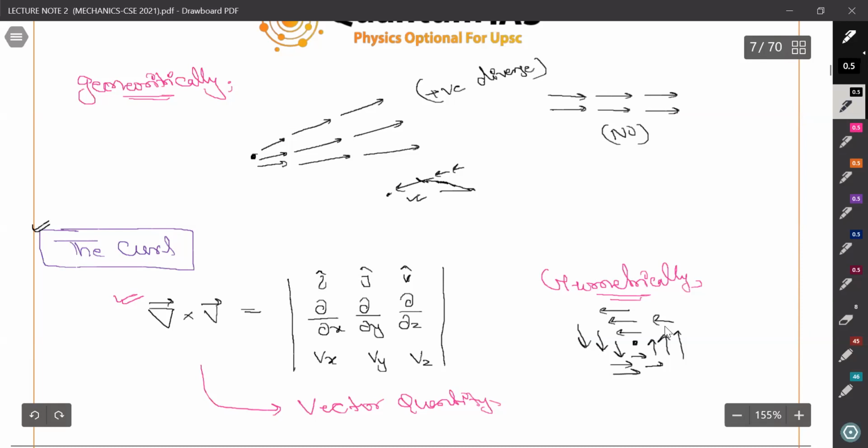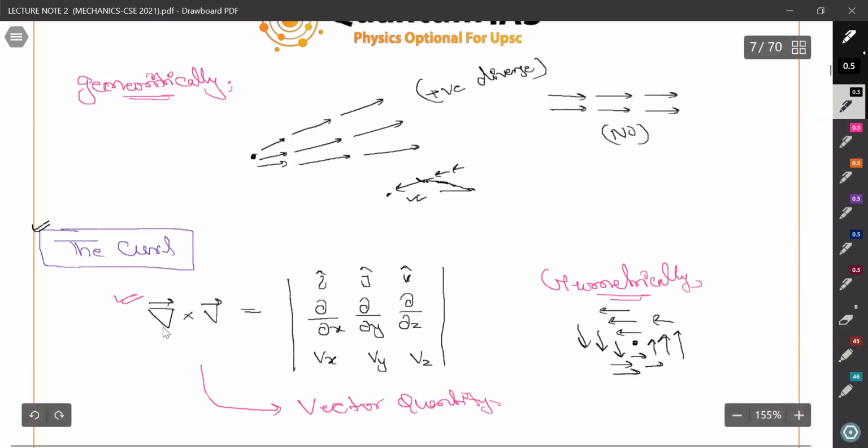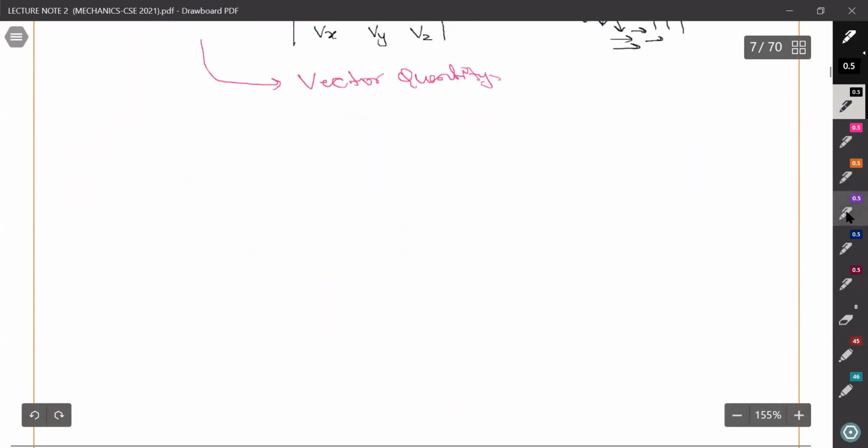So how a vector rotates about a point is basically the curl about that point. Okay, so we just need to know this value only. Also I am writing some useful results. You can write it down, and I suggest you memorize the results because we will use them frequently.